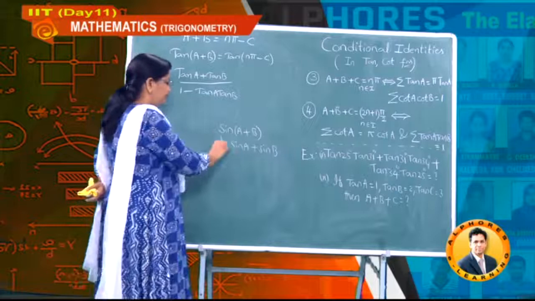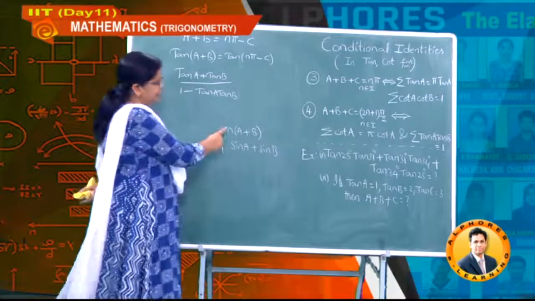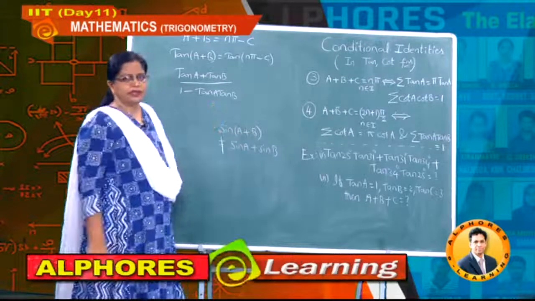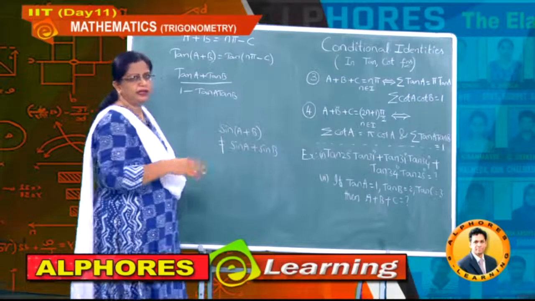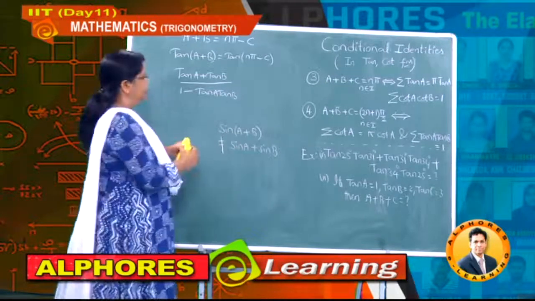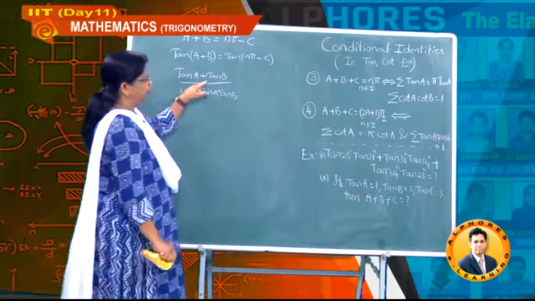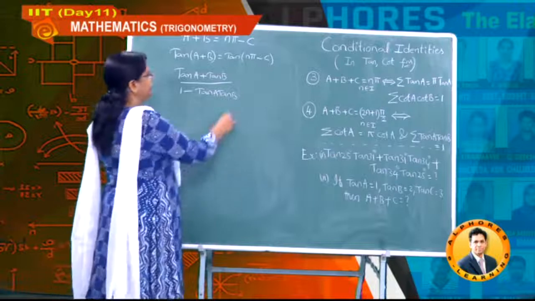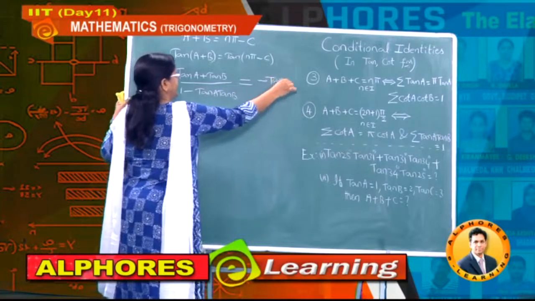This is wrong. What is right? We already proved the deduction: sin a cos b plus cos a sin b. So any time you get sin or cos or tan, there is no such rule; you have to use the already proved formulae. Then what about this side? It is minus tan c.